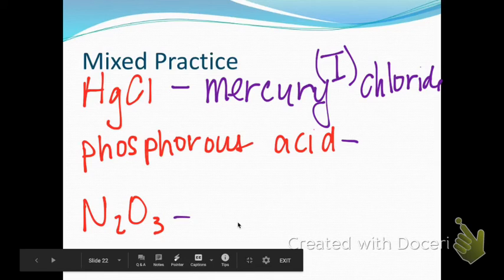Okay, let's forget that one. I would have named it just based on mercury 1 chloride, but I didn't realize it said Hg2 and then had a 2+, so forget that one. Sorry about that. When in doubt, name it exactly like it should be up here. I didn't pay attention to what was on your sheet, and that was my fault.